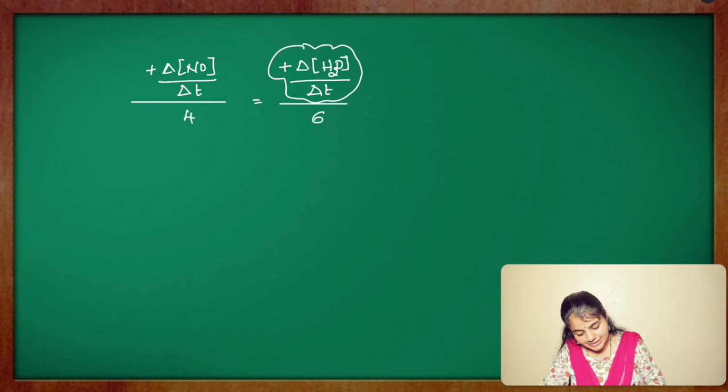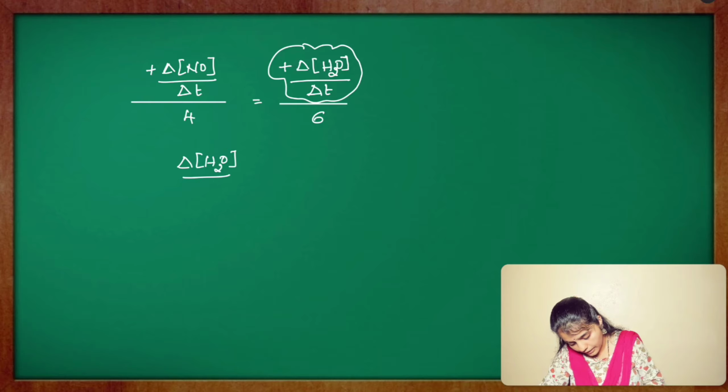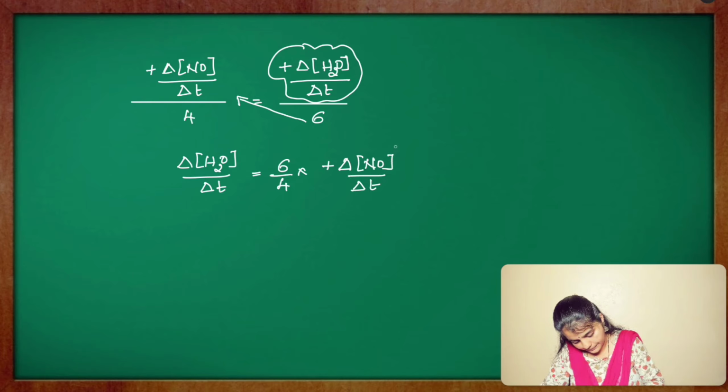So rearranging this equation, I can write delta concentration of H2O divided by delta T. So that is equal to, taking this 6 to the other side, 6 by 4 into plus delta concentration of NO divided by delta T. This delta concentration of NO divided by delta T is given to us in the question.